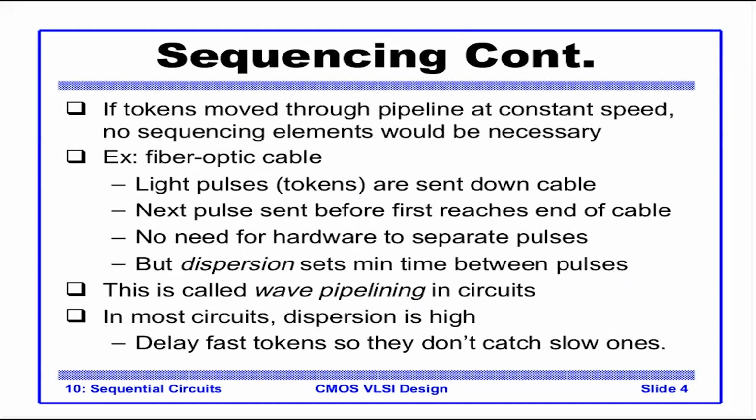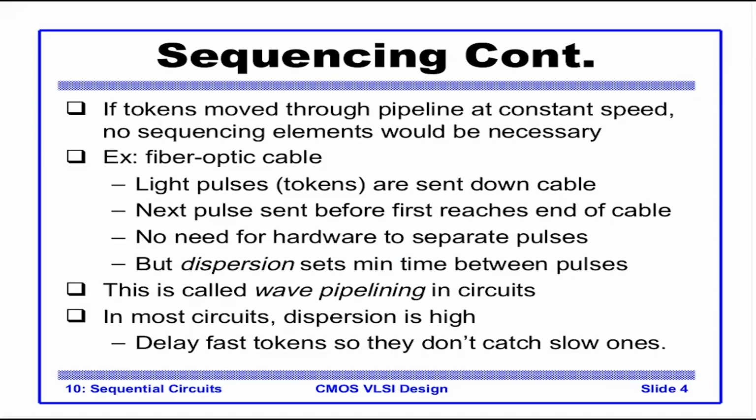So let's say the tokens or the states of the combinatorial circuits move at constant speed through all the parts in your design, then there is no need of sequencing because the sequencing is inherently being taken care of. For example, in fiber optics, the light pulses, which are equivalent to tokens here, are sent down an optical cable.